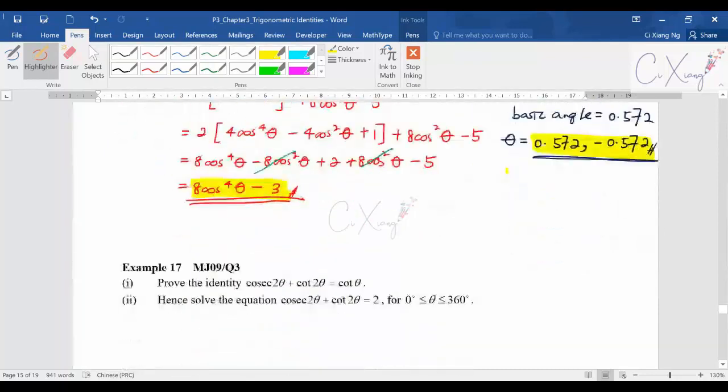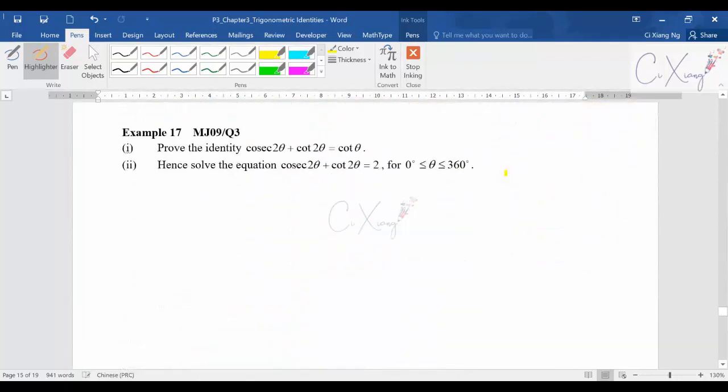All right, so if you continue to example 17, you will see that the pattern is more or less the same. In the first part, they ask you to prove the identity, and after that, they want you to solve the equation. For example 17, I will just give you a hint to try on your own.